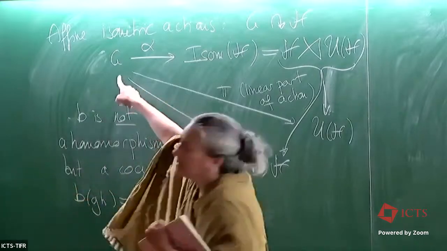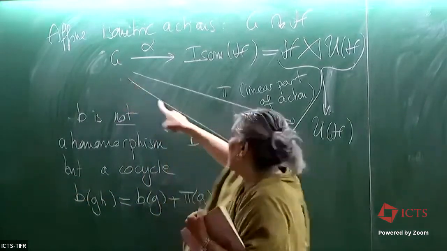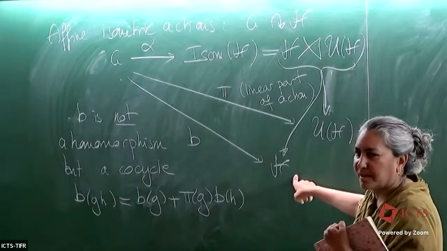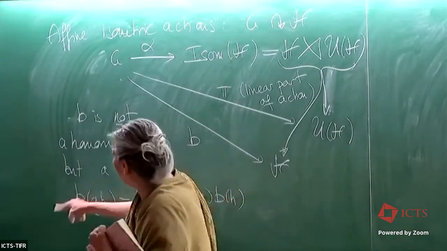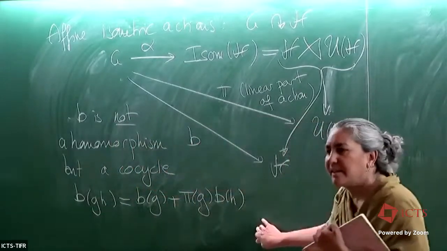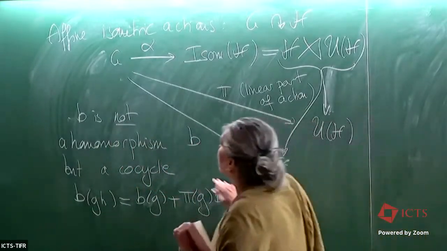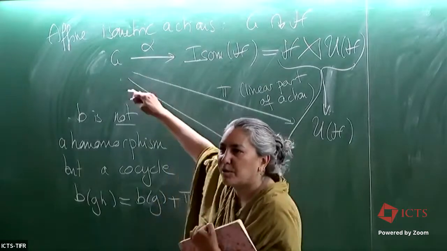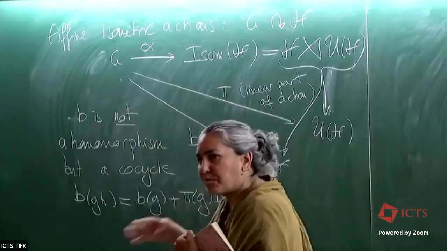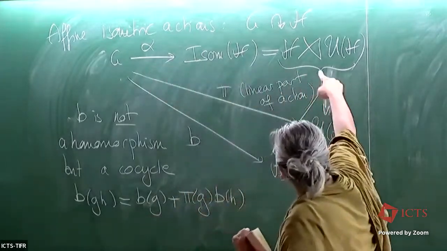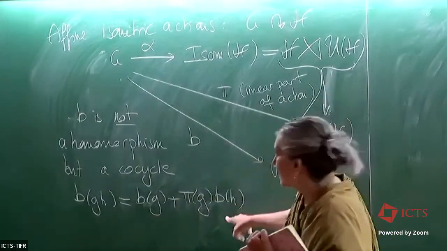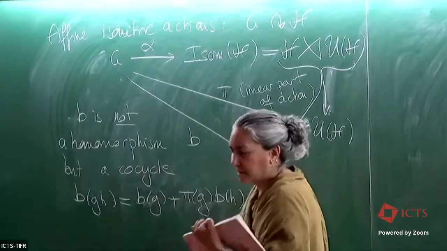So B takes an element g and maps it to your Hilbert space. And it satisfies this equation. This equation is a rough reformulation that alpha is an action. If you write out the fact that alpha is an action and this map here, this is the equation you get.